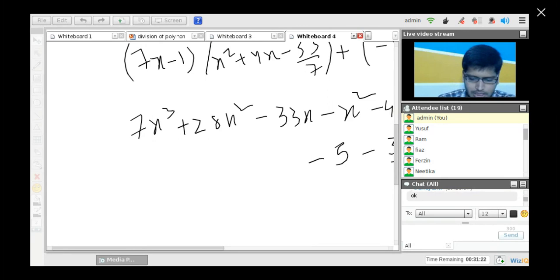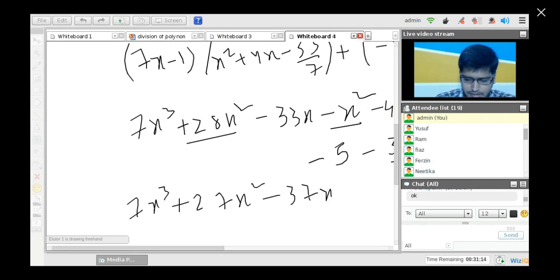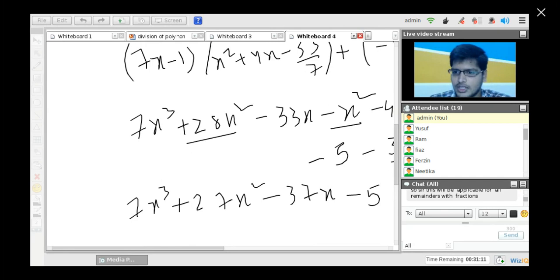Okay. Now if you observe, 28x squared minus x squared is nothing but 7x cubed plus 27x squared minus 37x minus 5. Am I correct? 37x, yeah. So this will be applicable for all remainders with fractions. Akshat, yeah, it may depend from question to question.